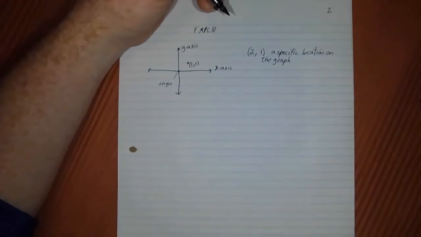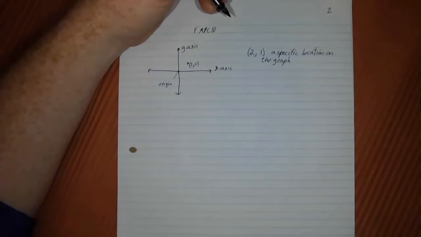It's like a specific address, a specific house number, somewhere where you know you need to go. Okay. Well, how do you plot them?